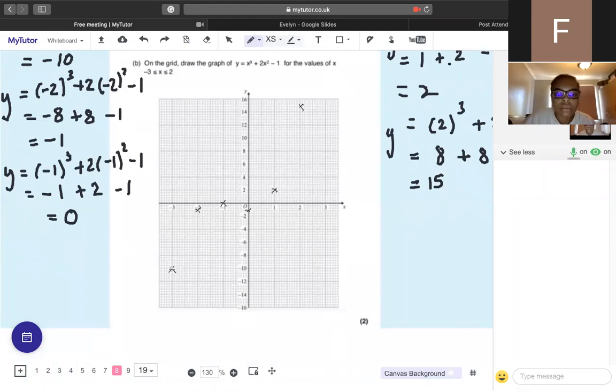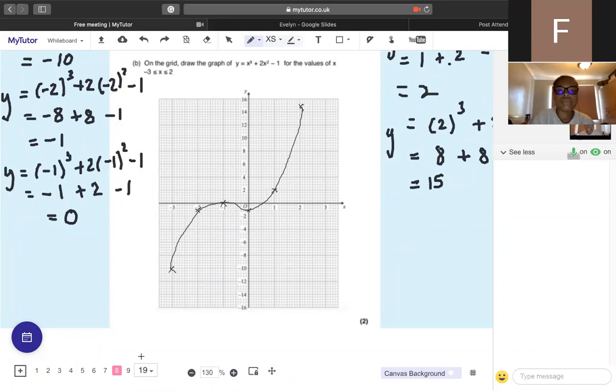So we can start with the first one and go up to the point minus 1, 0. It comes down to this point up here and then goes back up, all the way to the top. And when we finish, it looks like a cubic graph. So we are correct, and we would get 2 full marks for this.